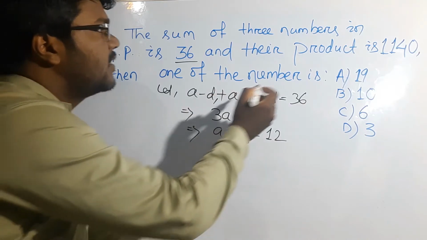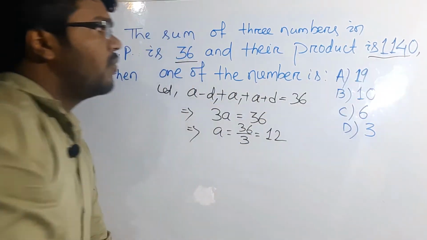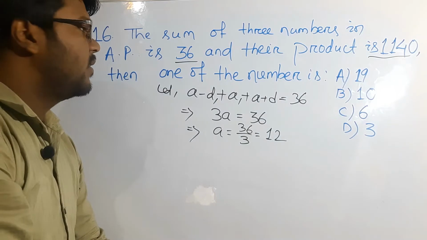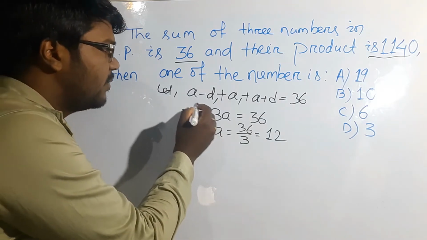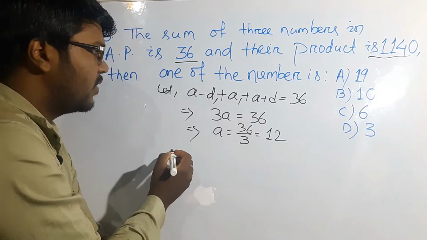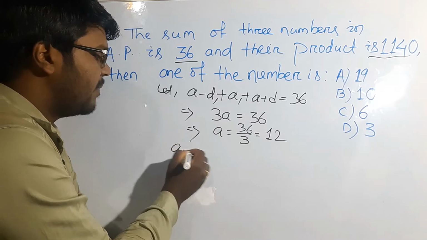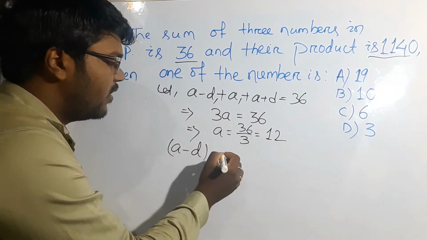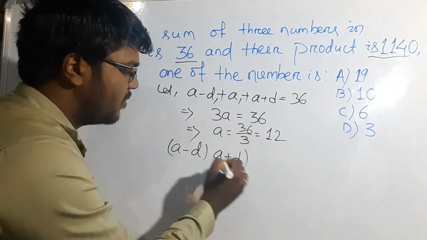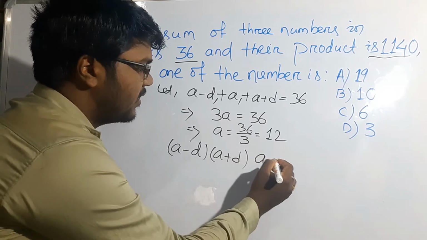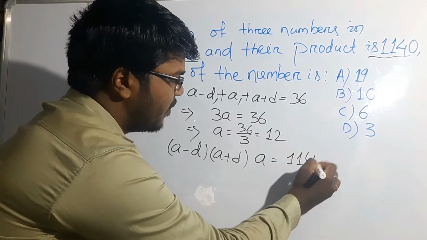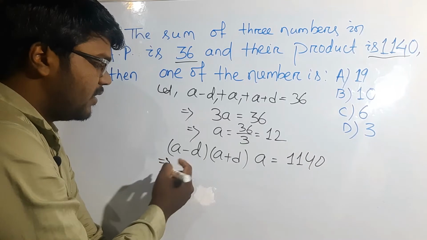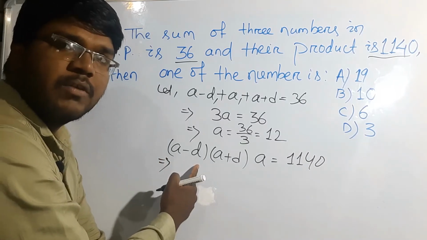After that it is given their product is 1140. Then what is their product? If we multiply these, then what will happen? (A minus D) whole into (A plus D) whole into A is equal to 1140. Then you see it is the formula of (A plus B) into (A minus B).